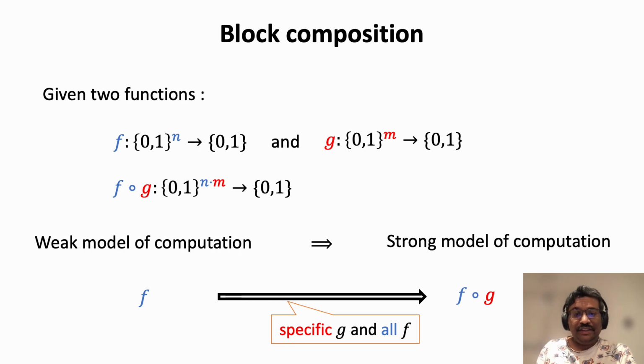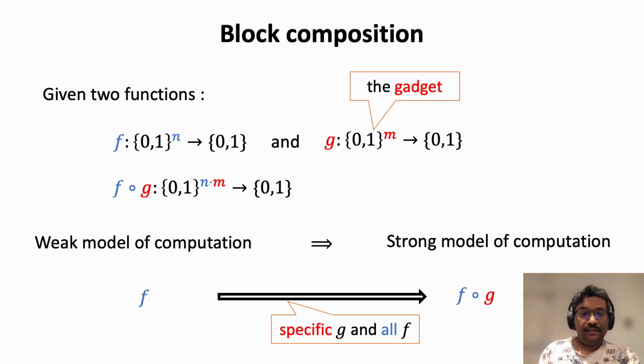And the power of lifting theorems is that once you prove a lifting theorem, it's usually for a specific well-crafted g, but it works for any function f. So once you have a lifting theorem for a specific g, it works with any function f. So you have lower bounds on f, and it automatically translates into lower bounds for f composed with g in the strong model. And this function g, which is carefully chosen, is known as the gadget.